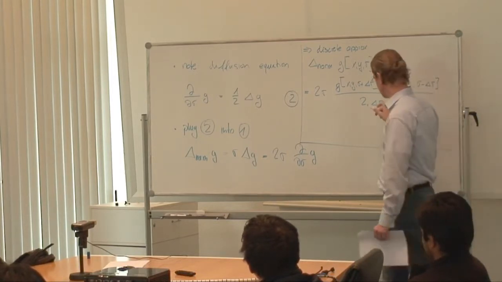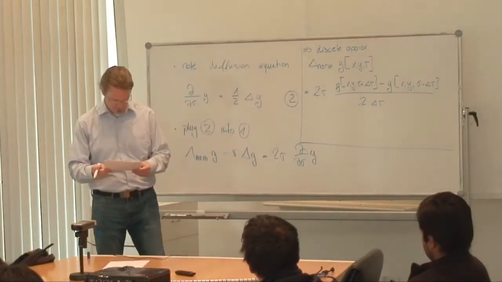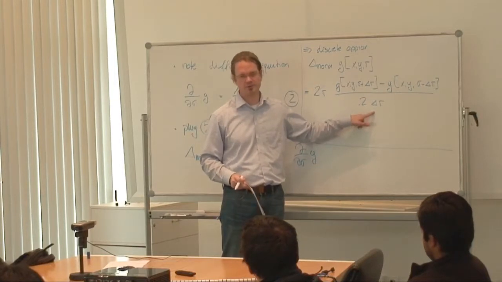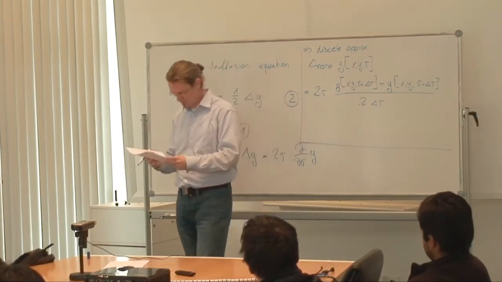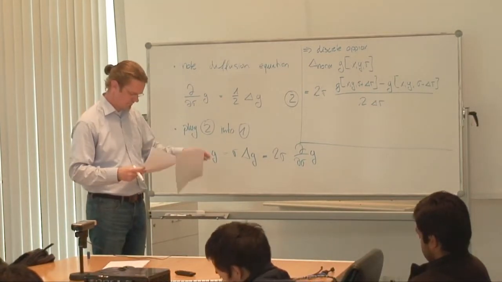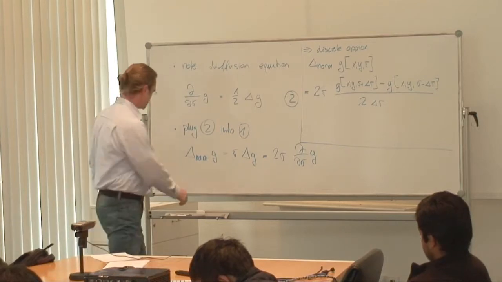I just do this to get rid of the 2. Right? And if this becomes really, really small, it doesn't matter anyway. So there we are. You now put that here.